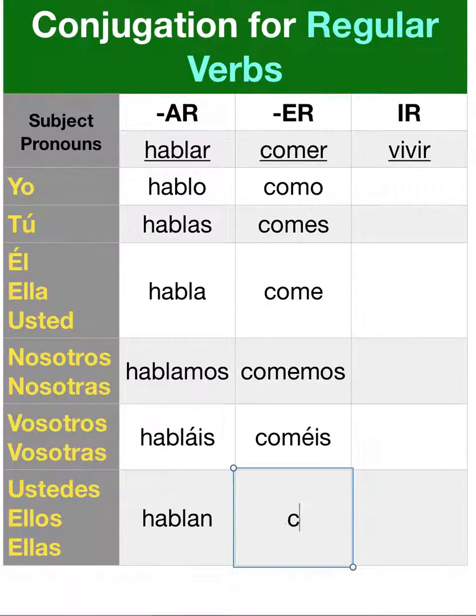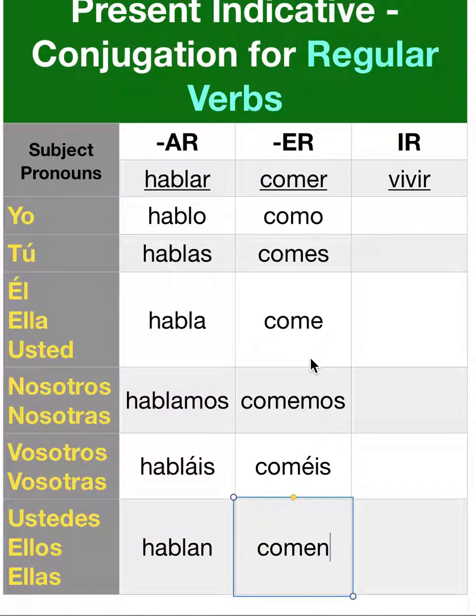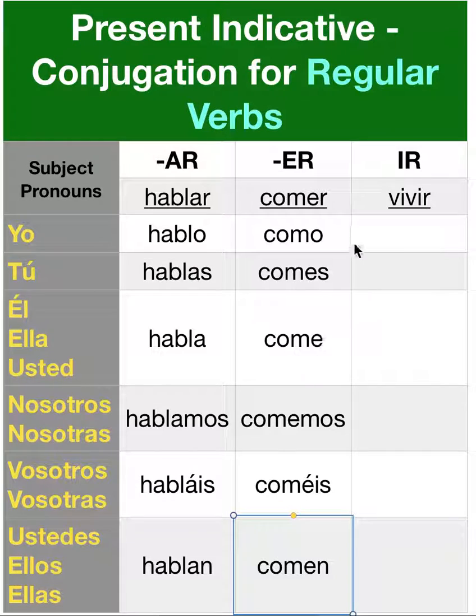We take the stem, and then we add en. Comen. Ustedes comen, you all eat. Ellos comen, they eat, and ellas comen, they eat.